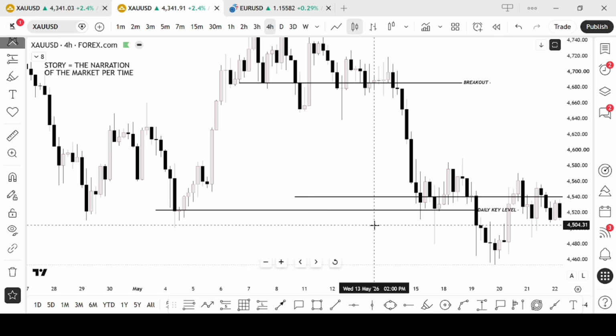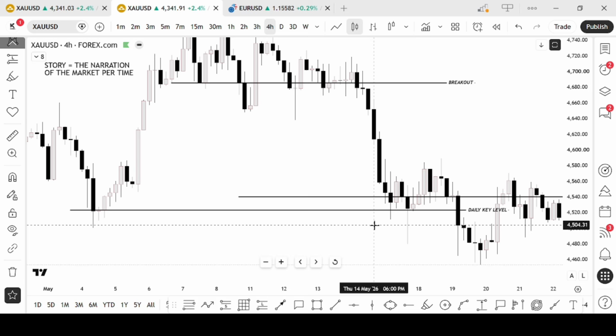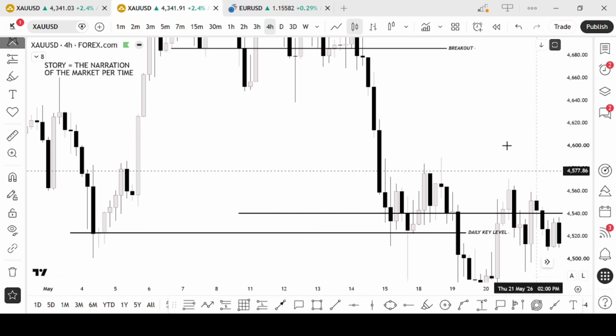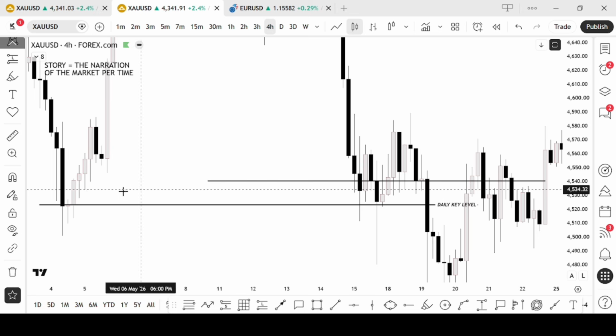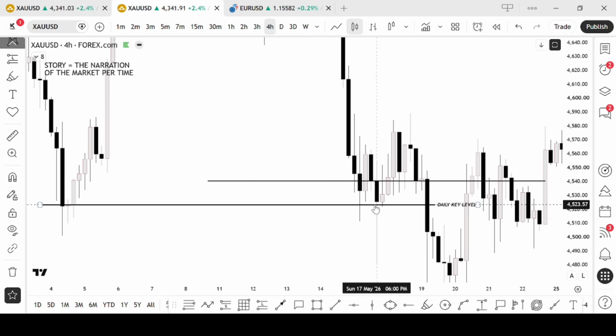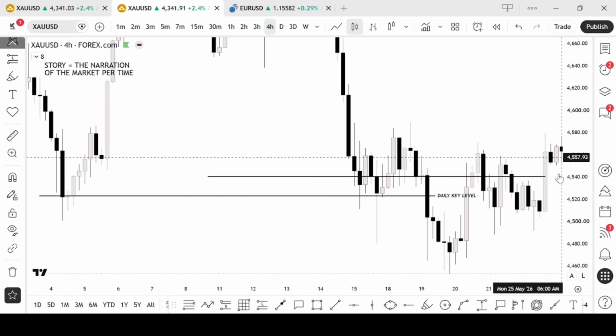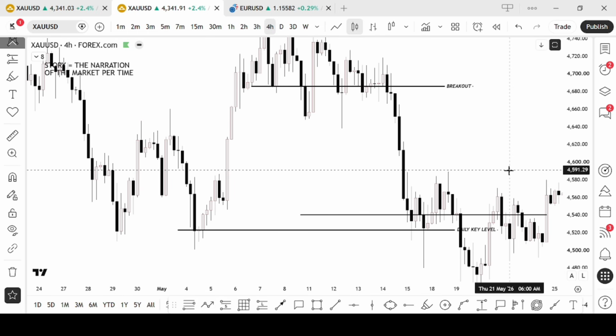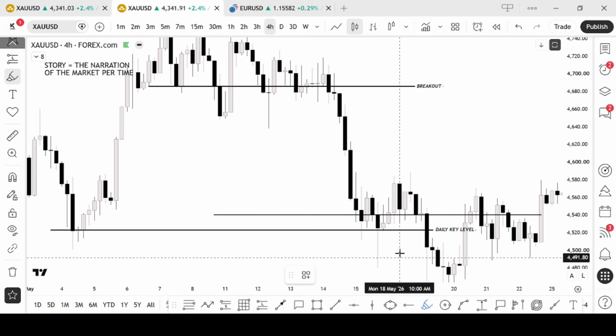All right. Now, do you remember that I said I'm going to show you how to understand breakout? This is it. Now, we have a daily rejecting daily from here. Now, where is the first point that price tapped our key level? Is it this one?